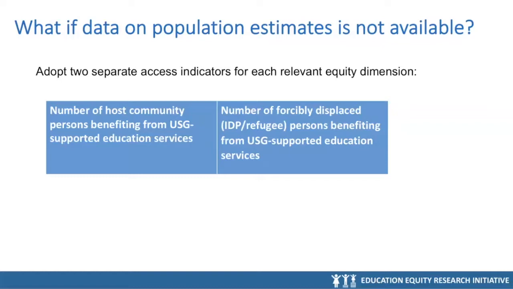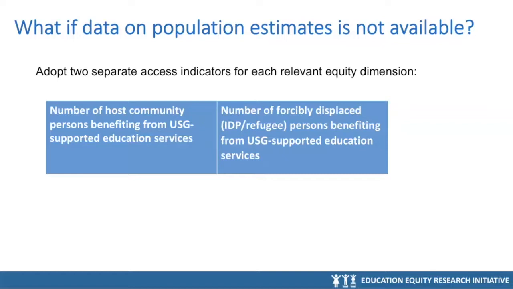By defining two separate indicators as opposed to one indicator that could be potentially disaggregated, in this case, by displacement status, our approach is to encourage projects to consider existing access barriers faced by both groups, the non-displaced and the displaced in this case, to explicitly and purposefully address them and to measure progress towards overcoming them.